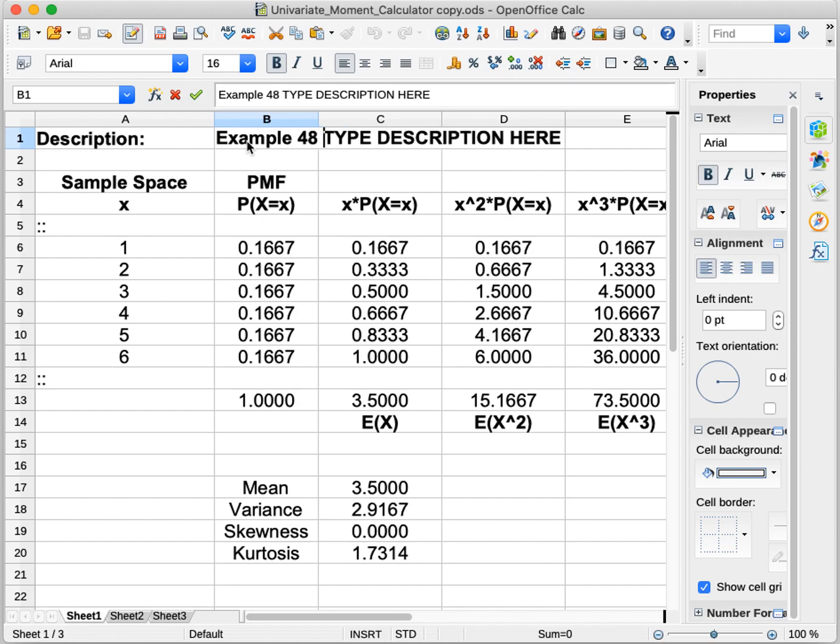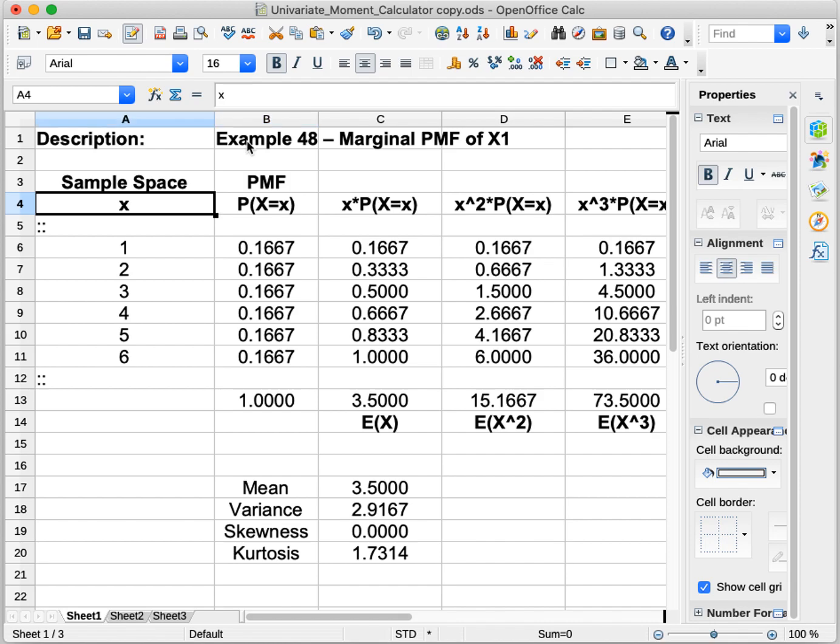So example 48, marginal PMF of x1. All right, and I'm not going to bother changing x to x1. That's not necessary. And so then I just type in the probabilities here.